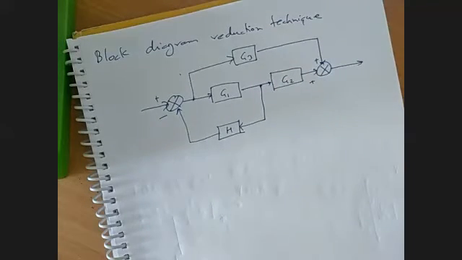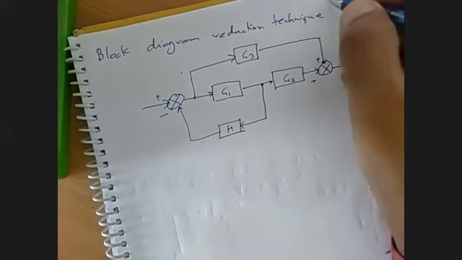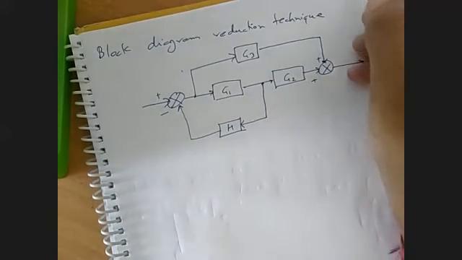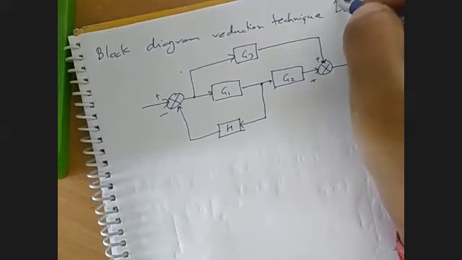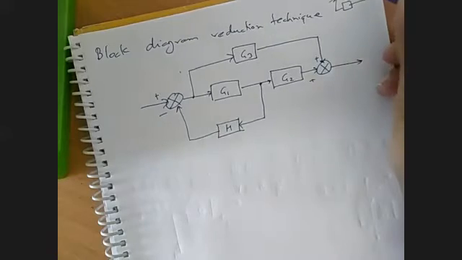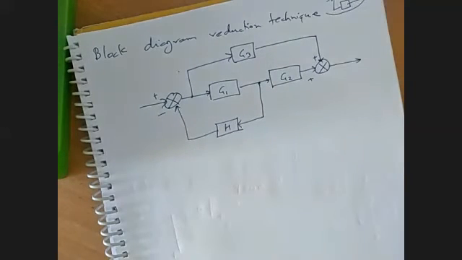This is a block diagram and we want to find out the complete transfer function of this system by using the block diagram reduction technique. First we have to analyze how we can reduce this block diagram. Our aim is to find a basic block diagram with a feedback path like this.